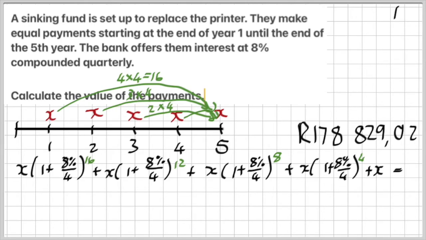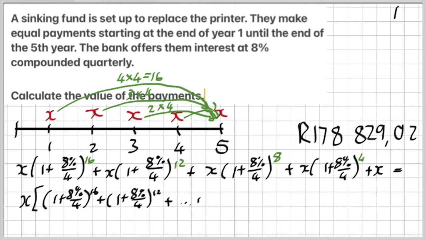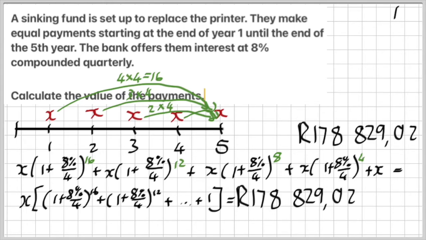So how do I solve X here? Step by step, I take out an X common. And that leaves me with all of those interest rates. And I'm way too lazy to write out all of them. But remember, that last plus 1 is for that X. If I take out X common, I'm left with 1.